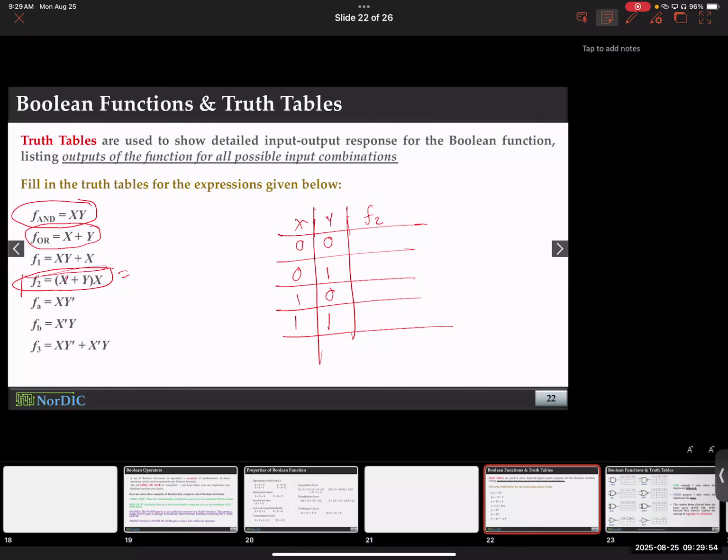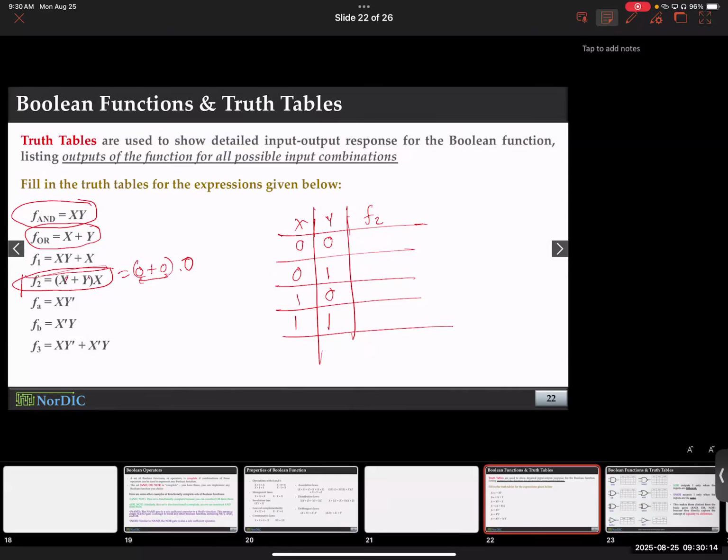So x would be 0, y would be 0, 0 plus 0 times, basically this is AND, x again, so x is 0. So let's do one step at a time. 0 plus 0, these are basically 2 inputs in an OR combination.